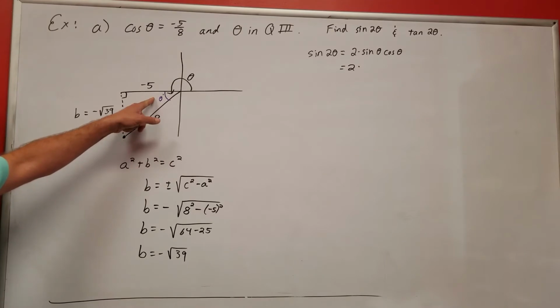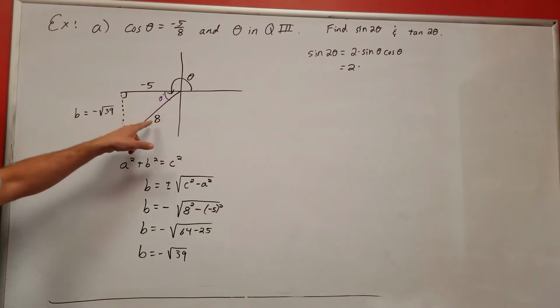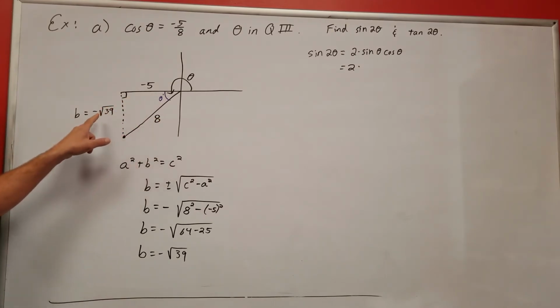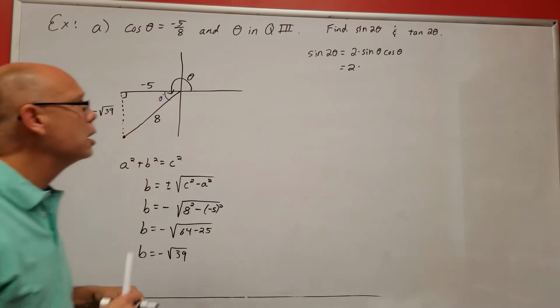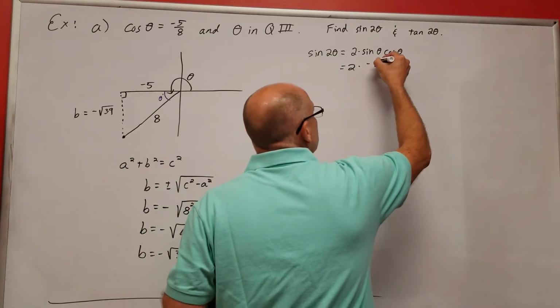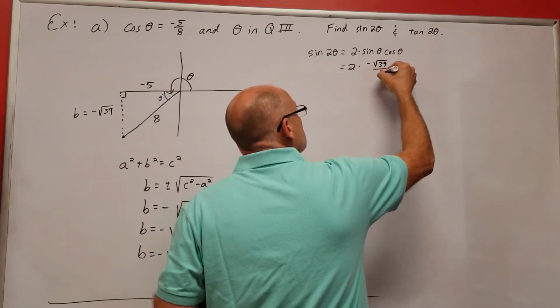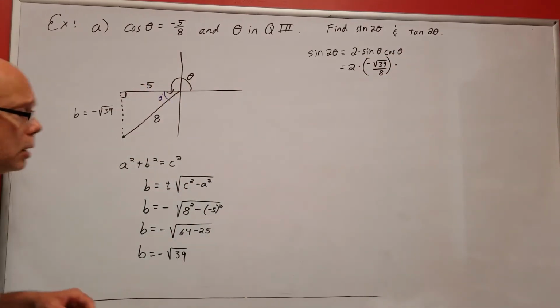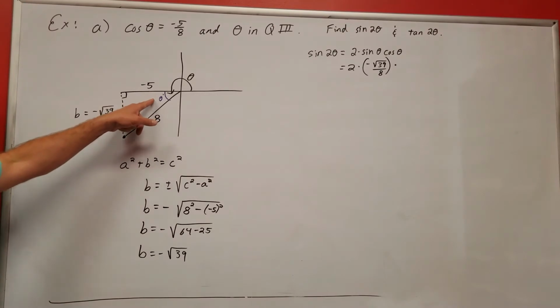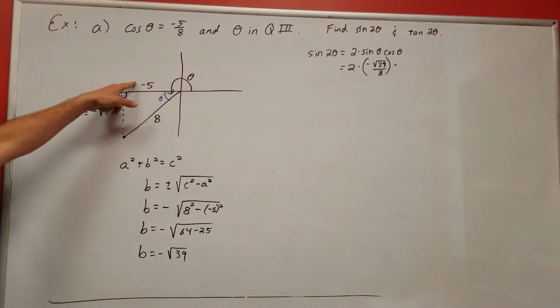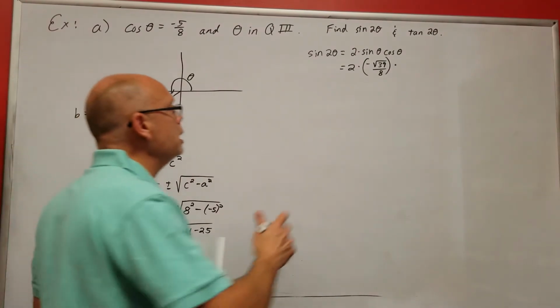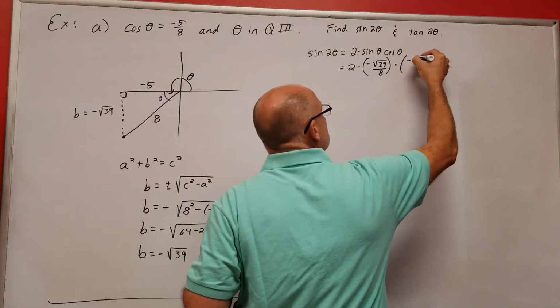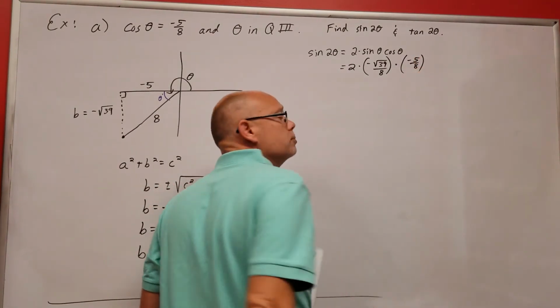The sine will be opposite over hypotenuse, so it'll be negative square root of 39 over 8, times the cosine of theta. Well, look at your triangle. What's your cosine? -5 over 8.